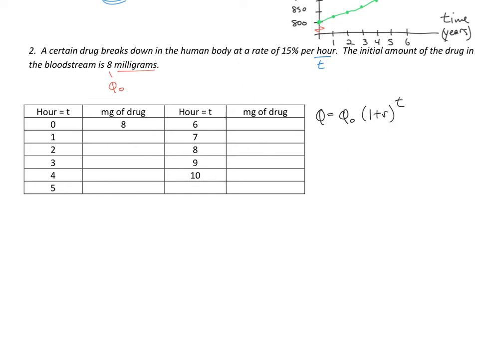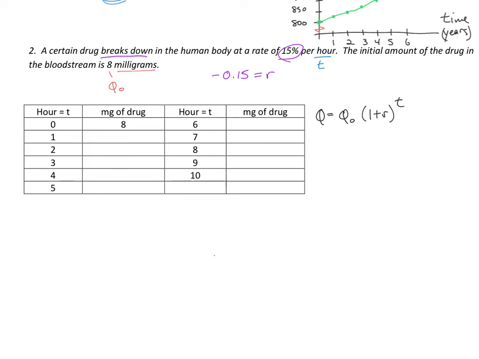There's one more thing I'm forgetting here. This breaks down at this percentage rate. Breaking down, disappearing, not effective anymore. This would be a negative 0.15 for the rate.